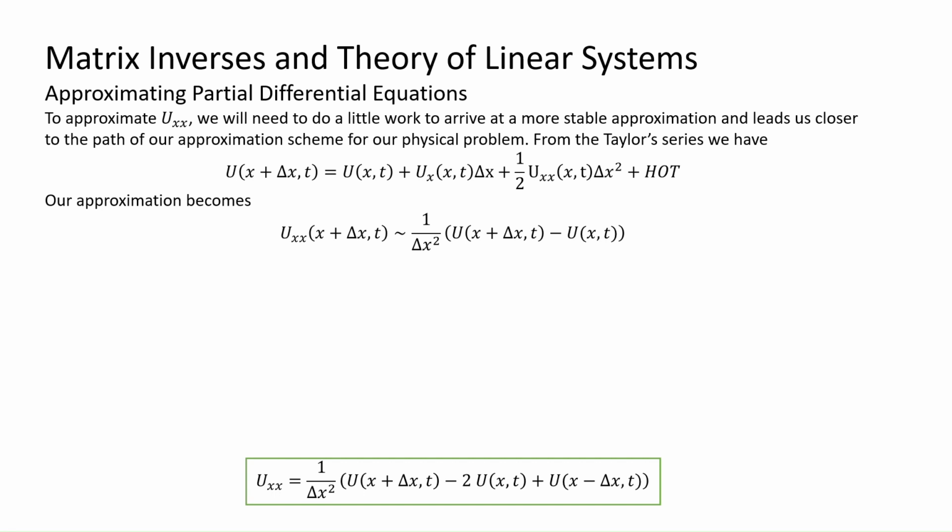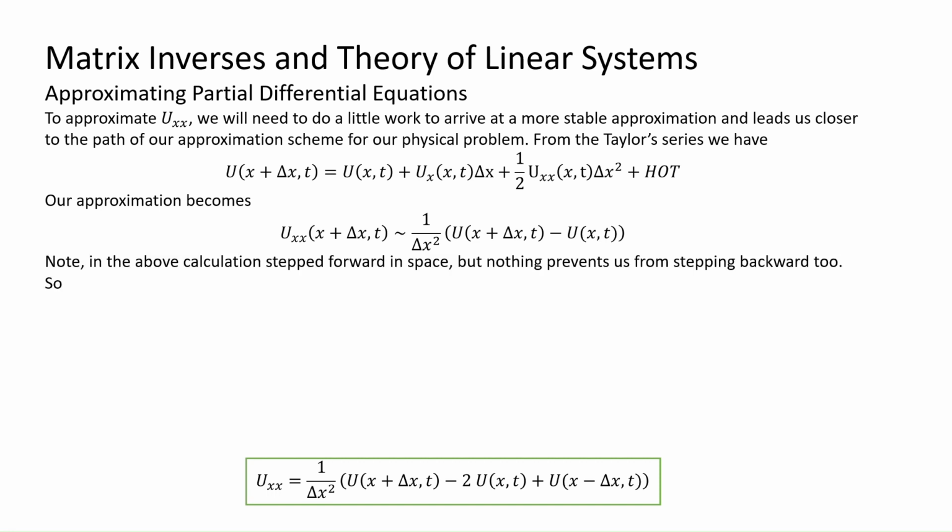And so let's go ahead and try that and see that if we step backwards in time, we end up with a very similar looking formulation with a small difference in terms of the linearity of the step.